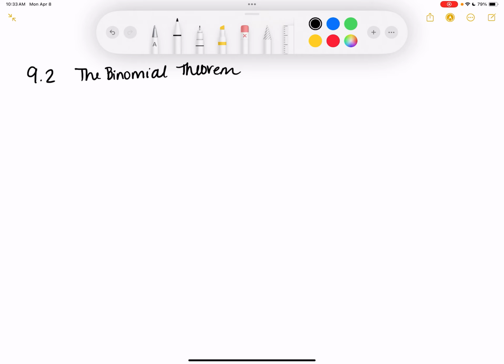So basically, we're looking at binomials, and we're going to observe some patterns. Have you ever seen Pascal's triangle before? It's a triangle with a lot of numbers in it. Okay, so Pascal's triangle looks something like this.